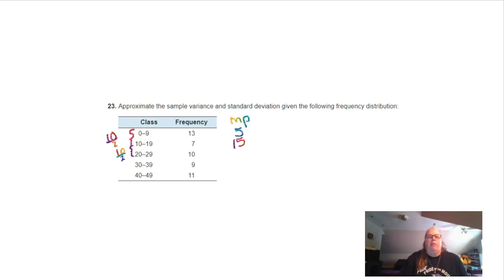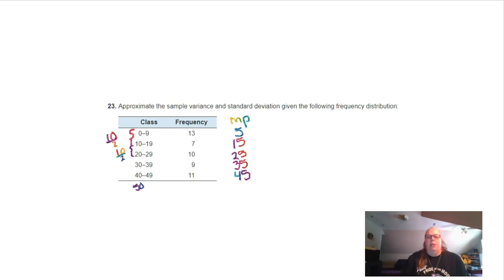And then the midpoint of our third class is going to be 5 plus 20, or 25. And then the midpoint of our fourth class here is going to be 5 plus 30, or 35. And then our next class would start with 50. And so the midpoint is going to be 10 over 2, or 5, plus 40, or 45.